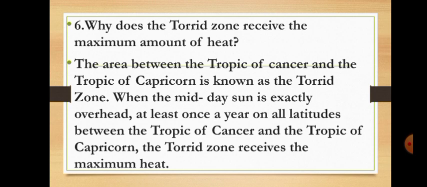The area between the Tropic of Cancer and the Tropic of Capricorn, that means both the sides of the equator, is known as the torrid zone. When the midday sun is exactly overhead at least once a year on all latitudes between the Tropic of Cancer and the Tropic of Capricorn, the torrid zone receives the maximum heat.